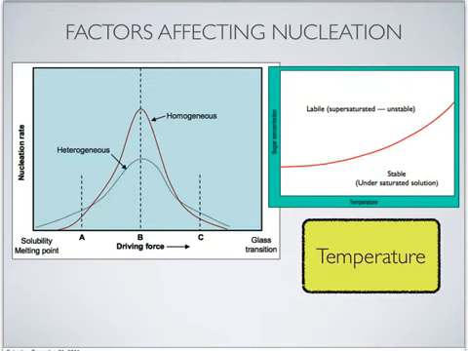The next factor which can affect nucleation is the temperature. Temperature is closely related to driving force in both a solution and also a melt system. In a melt system, lowering the temperature below the melting point or below the metastability zone induces a rapid onset of nucleation.